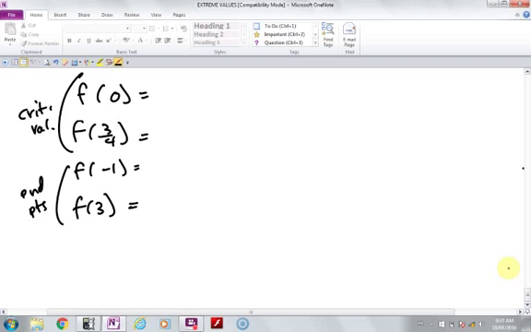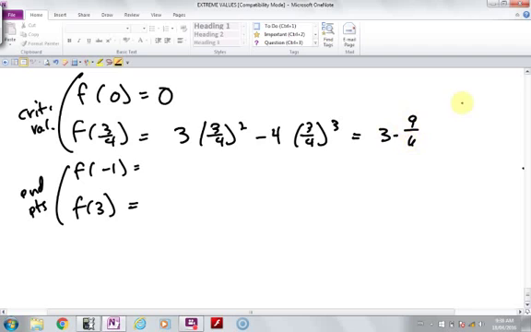All right. So when we plug 0 in, obviously we get 0, so that was a nice gimme. When I plug 3/4 in, you can do a decimal, but you should be able to do a fraction. 3 times 3/4 squared minus 4 times 3/4 cubed is 3 times 9/16 minus 4 times 27/64.